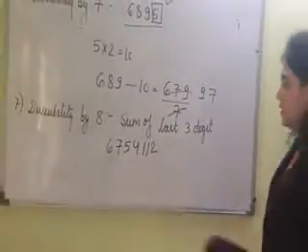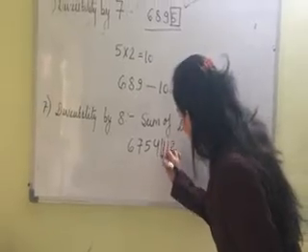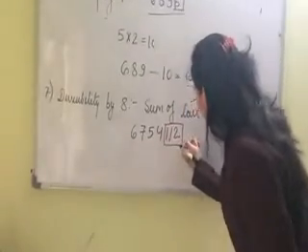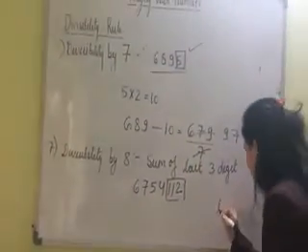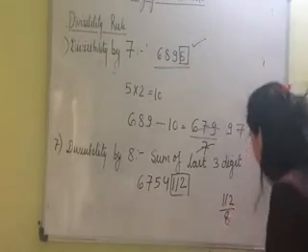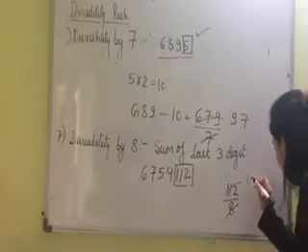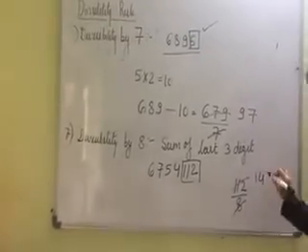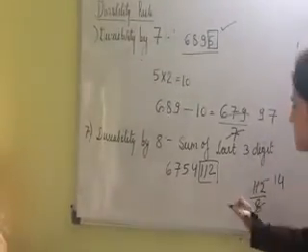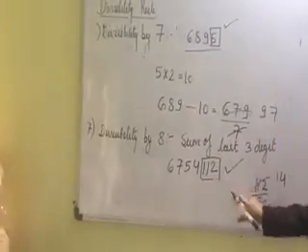Which are the last 3 digits? 1, 1 and 2. Is 112 divisible by 8? Yes. 8 times 1 is 8, 8 times 4 is 32. So yes, it is divisible by 8. That's why this whole number is divisible by 8.